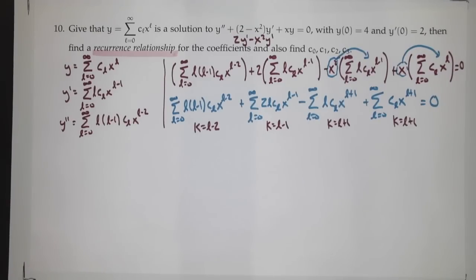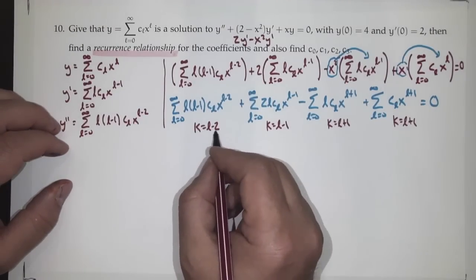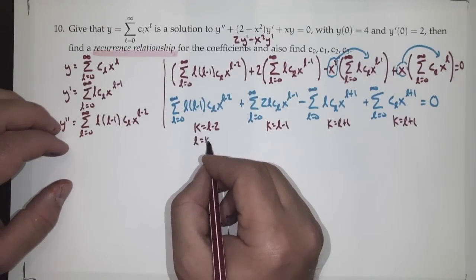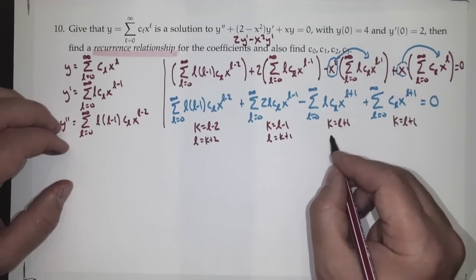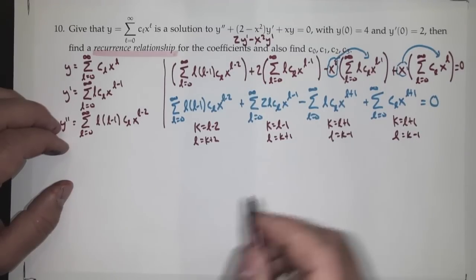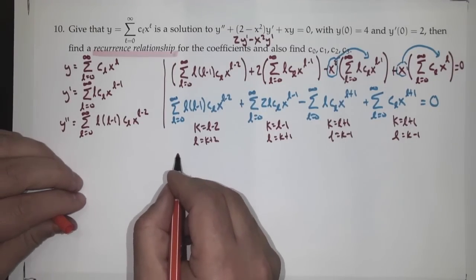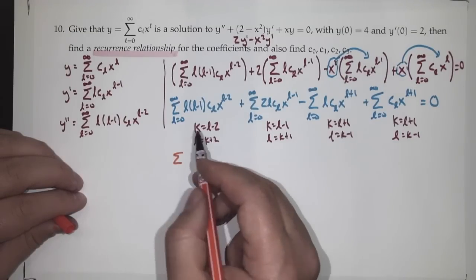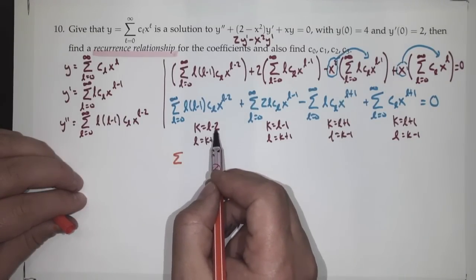And then we have to be a little bit careful. k equals L minus 2 is the same as saying L equals k plus 2. Here, we'll do the similar thing going all the way down. We can rewrite all these pieces. So our first sum becomes what? Well, if L equals 0, k is minus 2.